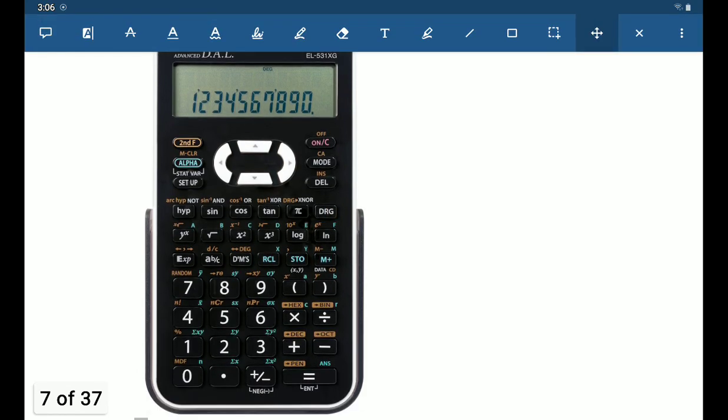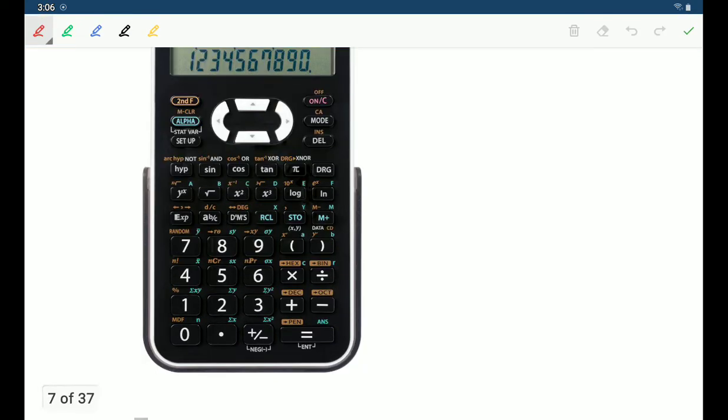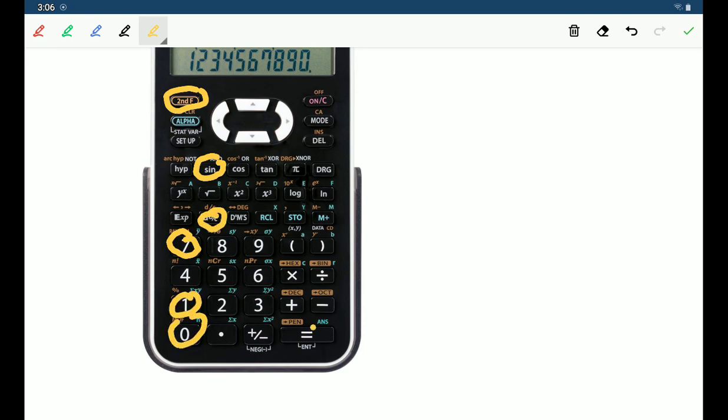Once we have that, I would enter exactly what I want: second function sine inverse, and then 7 fraction 10, and hit equals. I will let you take a second to put that into your calculator.